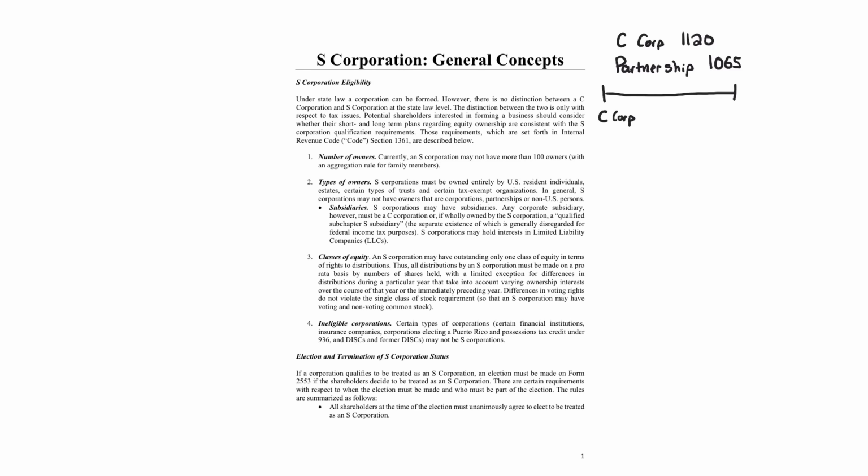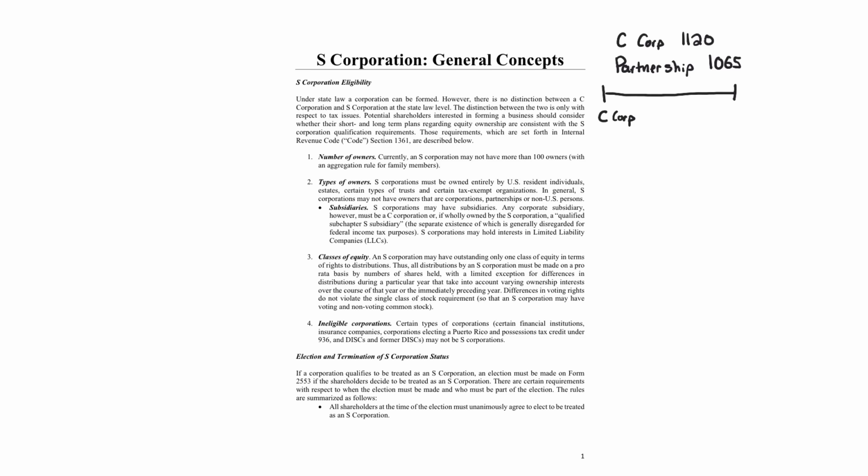Think about all the different types of tax issues related to the life cycle of a business. Formation, Section 351. Operations, double taxation. You've got distribution, Section 301, redemptions, and you've got liquidation, right? 331, 332, 336, 337. So all of those rules apply to C corporations, corporations in general. But we learned that through C corporations.